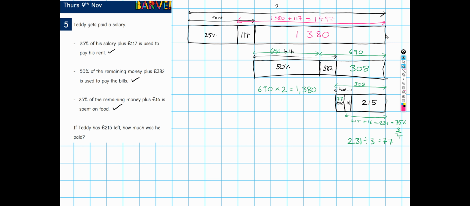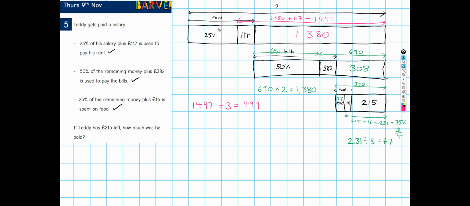Okay. And then what have we got? If this part of the bar is 1,497, this part of the bar is 25% of the whole bar. So again, this must be 3/4 of the bar. So 1,497 needs to be divided by 3, which gives us 499. Okay, and to get the value of the whole bar, I either multiply 499 by 4, which is going to be pretty easy, or also we know what 3/4 is, 1,497.